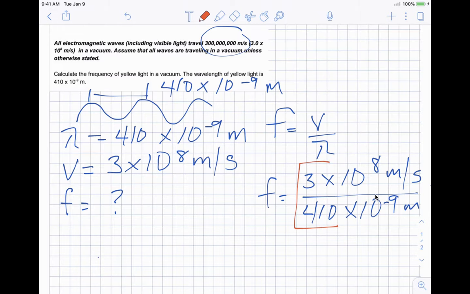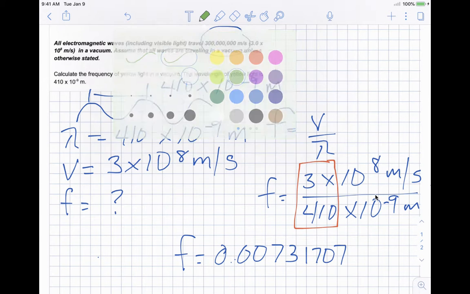So first we're going to do the division of just our numbers up front so that we have some values to work with. Frequency is equal to 0.007310707.